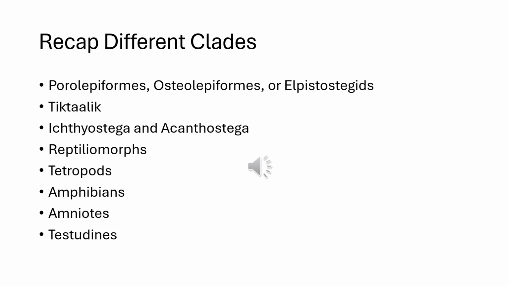On the reptiliomorphs and the tetrapods, we see that 3-chambered heart evolve with the 2 atria and 1 ventricle, and there is that partial separation, but we're still getting the mixture of deoxygenated and oxygenated blood, and the pressure that's happening in the heart is also changing during this time.